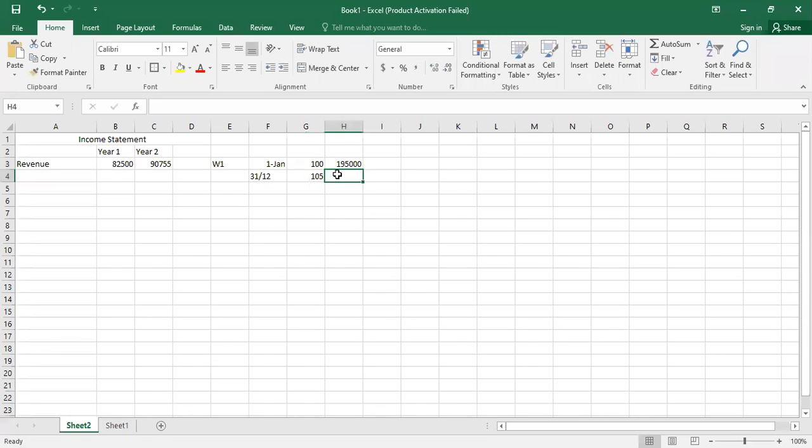So what will this give us? We can just cross multiply. This will give us 105 over 100 multiplied by 195,000. If 100 is giving us 195,000, then 105 should give us 105 over 100 multiplied by 195,000.